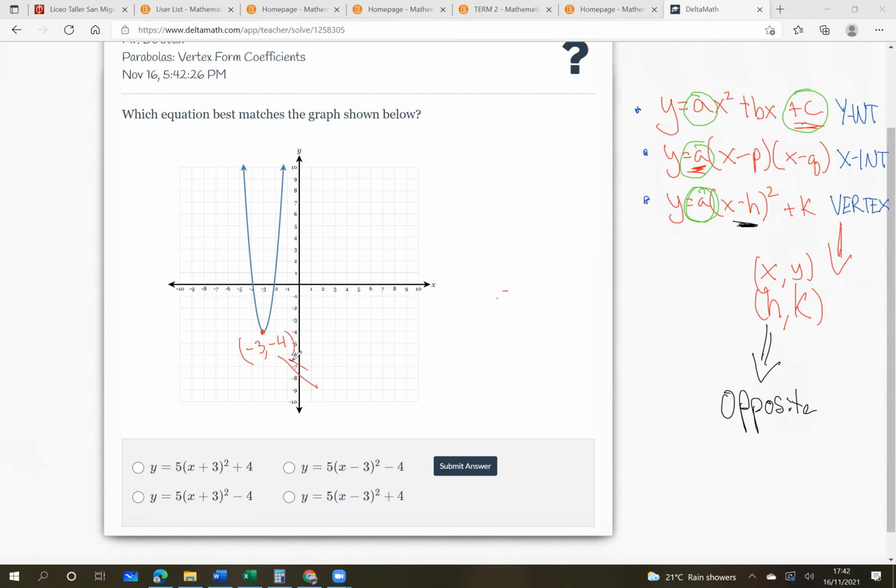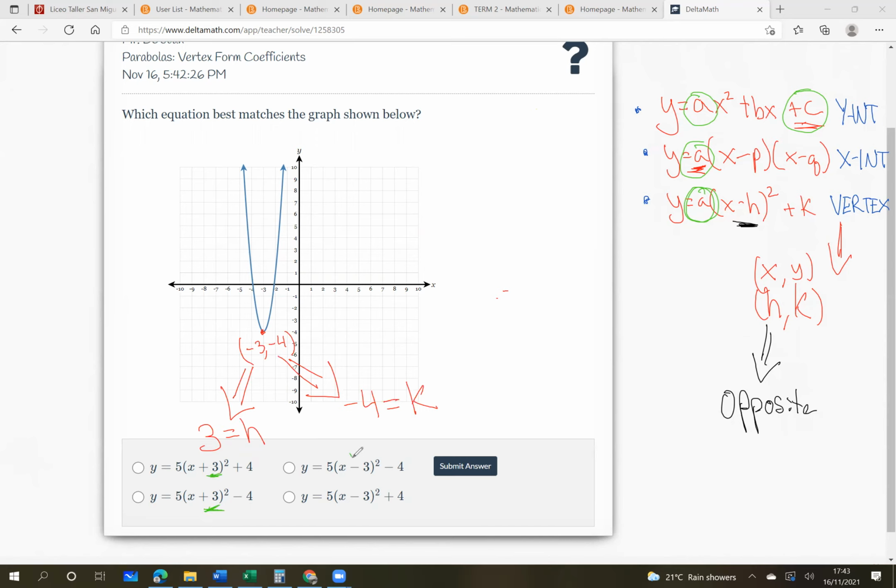Well, our k is going to have to be negative 4, and our h will have to be the opposite. And it looks like it's a happy face, but they're only giving us choices of happy faces. So where do I see 3 in my h? I see it right here, and I see it right here.